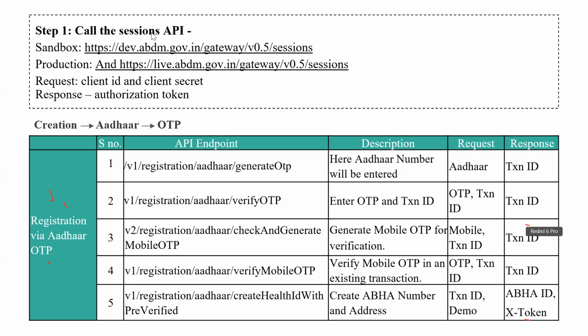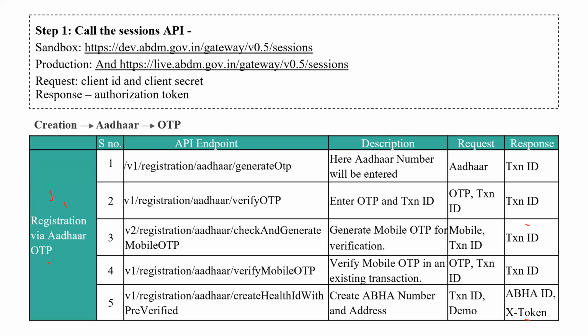Hi, I have just a small question. What's the base URL of this API? Is it till gateway or till v0.5? The base URL for Sandbox is healthidspx.abdm.gov.in.